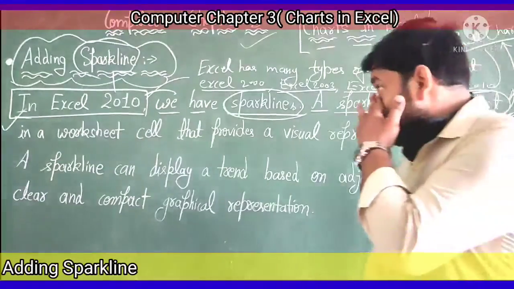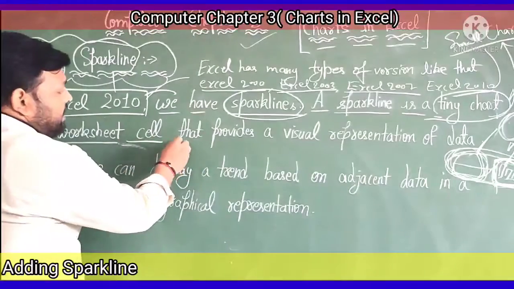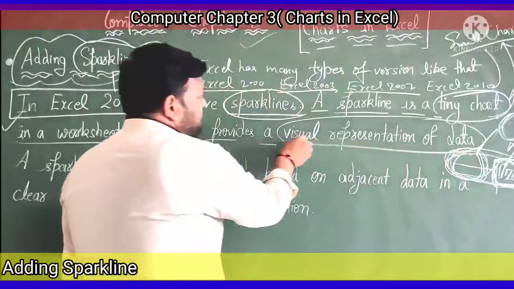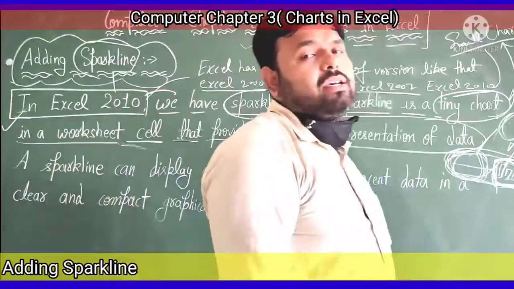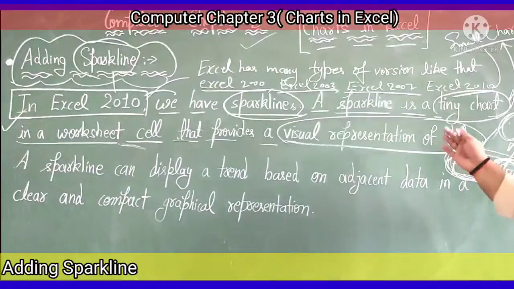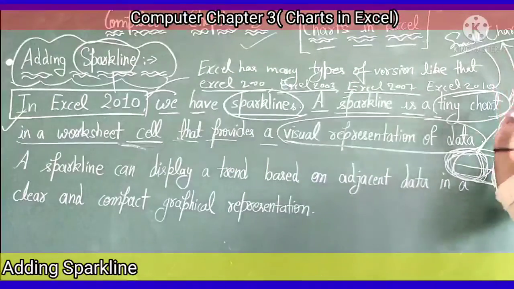In a worksheet cell that provides a visual representation of data. Directly you can see from your data series in the Excel program, and in another cell you find a sparkline created, like a small chart.